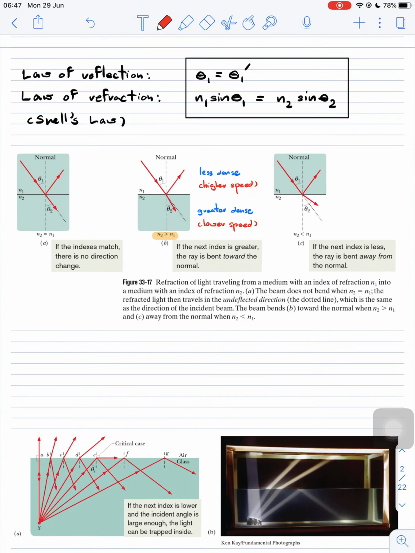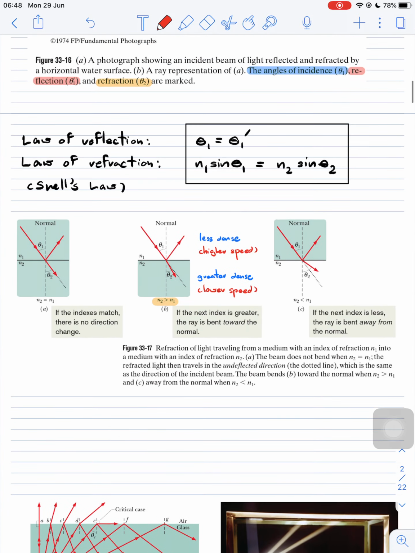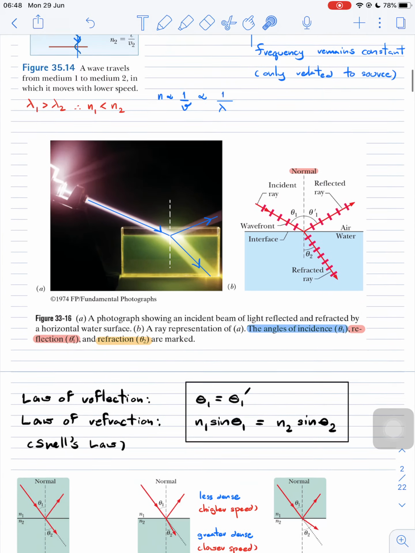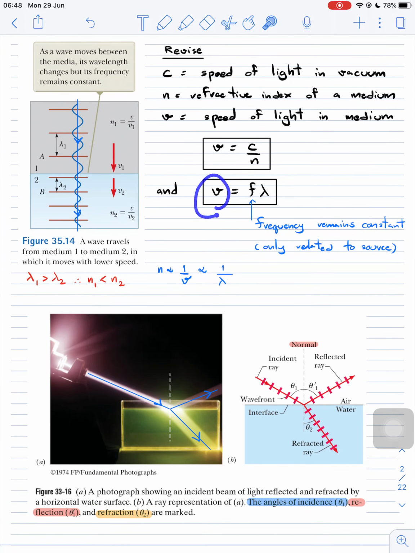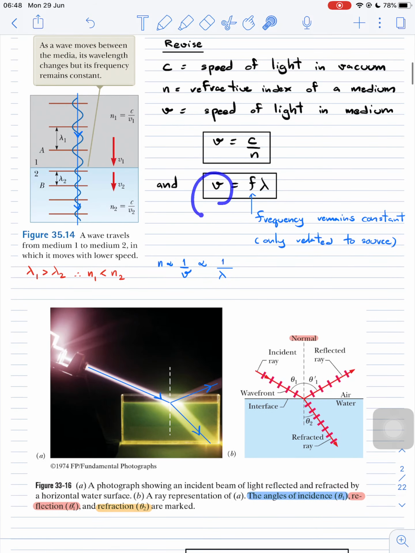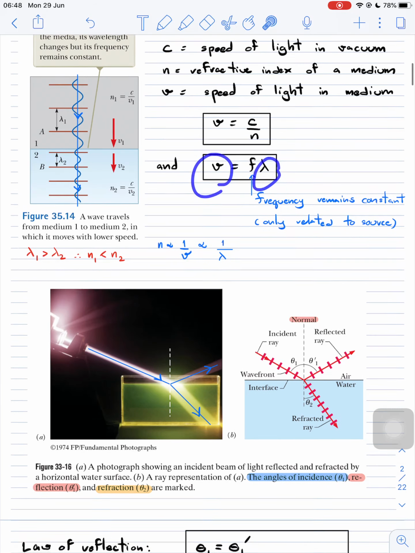If the speed is higher, the wavelength will be higher as well.